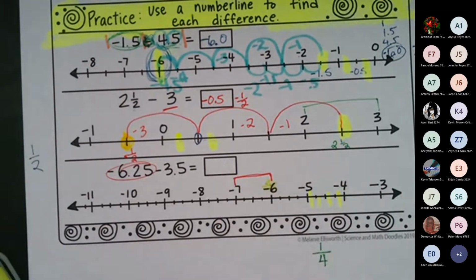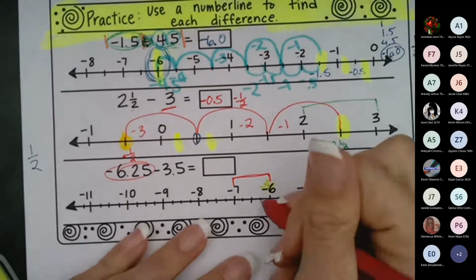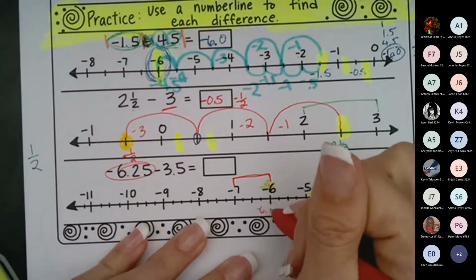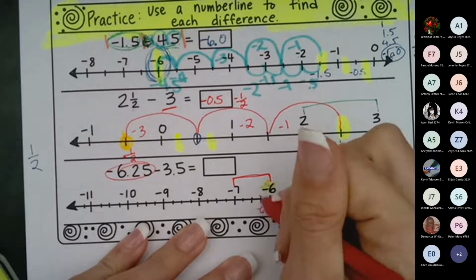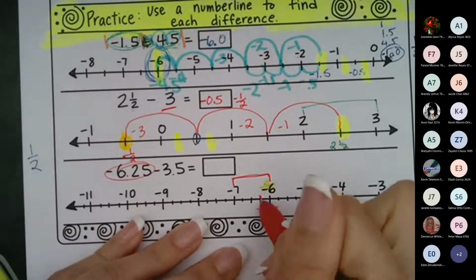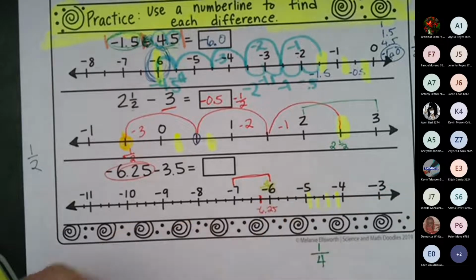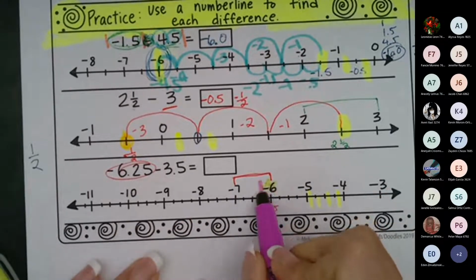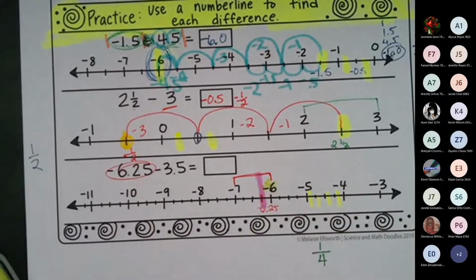Negative 6.25 is larger in value than -7, but less than -6. So negative 6.25 is going to be right here on this first line, because the first line is worth just 1/4. This one's a half, or 2/4. So I'm going to start here at negative 6.25.